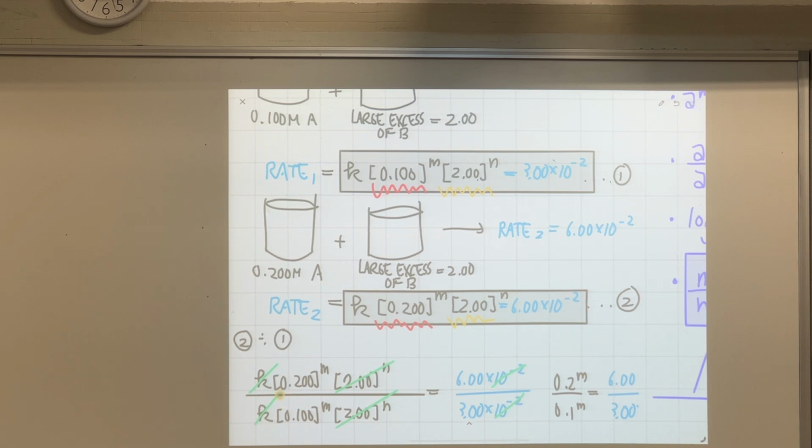Think about what happens if these two values are not the same. Would they be able to cancel out? If not, how many unknowns would you have in the equation? 2. Can you solve an equation with 2 unknowns? No. So this is to ensure that its concentration is constant.